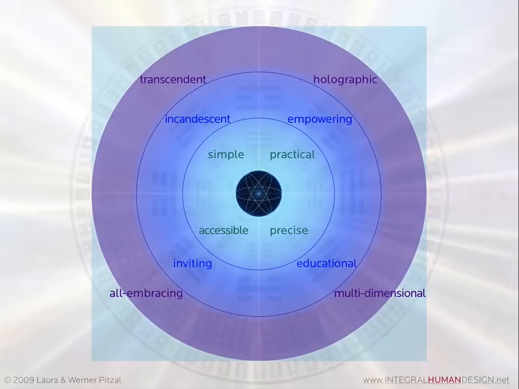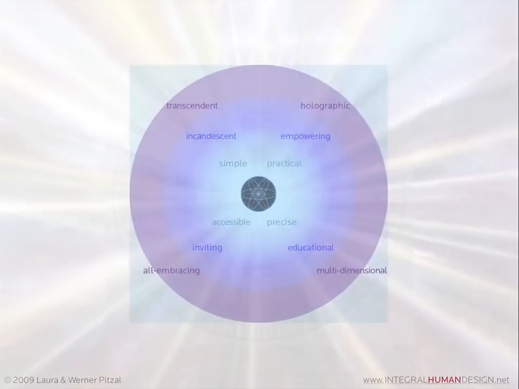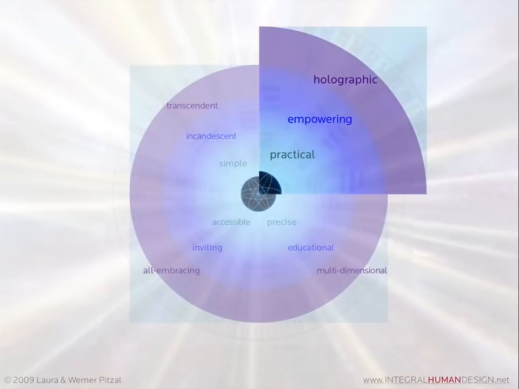And it uses, and that's the most inner circle, this description of how a human being is structured energetically, uses this body graph to give practical and precise and accessible and simple descriptions of how you are and how you can develop. So, we'll take you into the first of these quadrants, which is the upper right.